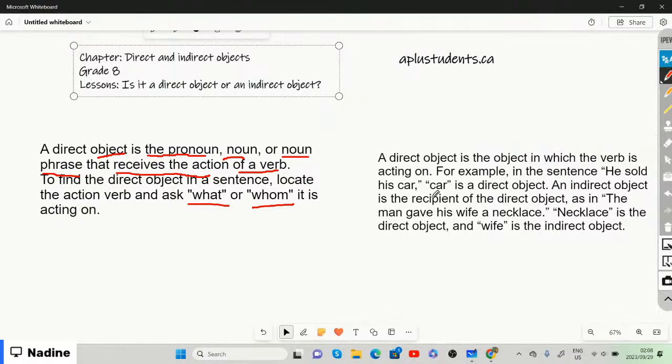He sold his car. So car is the direct object. It's something that they are acting on.